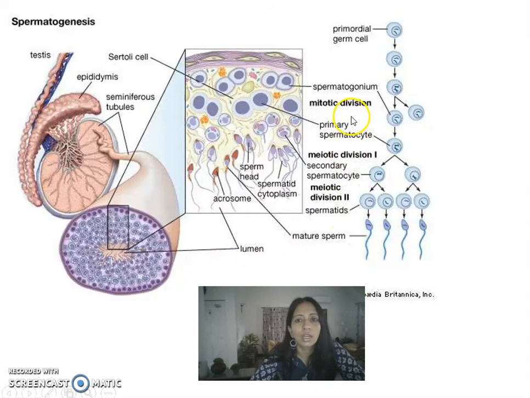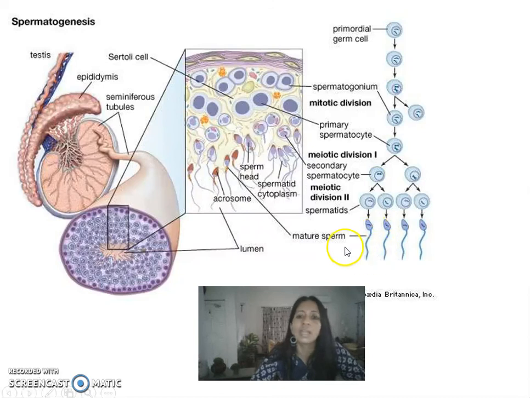In a nutshell, spermatogenesis involves conversion of spermatogonia, which are sperm mother cells, first by mitotic division into primary spermatocytes, then by meiosis 1 into secondary spermatocytes, by meiosis 2 into spermatids, and by morphological changes into spermatozoa.